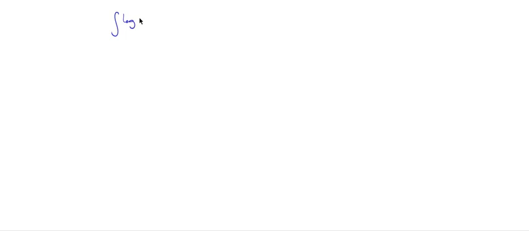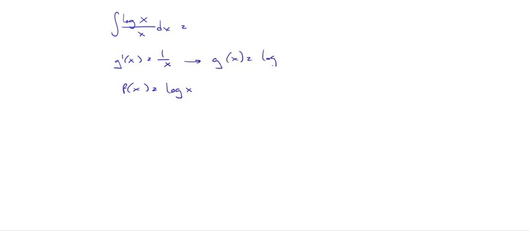So this is the logarithm of x divided by x, right? Here it's easy to see that our function g prime is going to be 1 over x, and our function f is going to be the logarithm, right? Now the primitive of g, or one of the primitives, is the logarithm of x, and the derivative of f is going to be 1 over x.